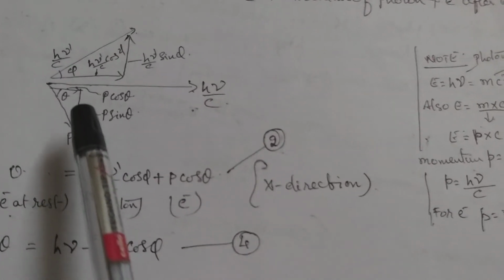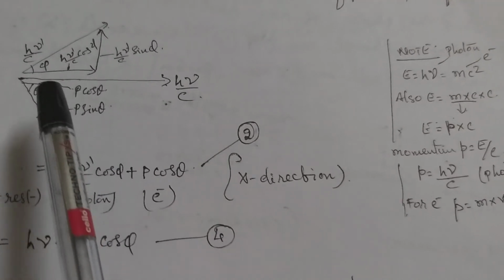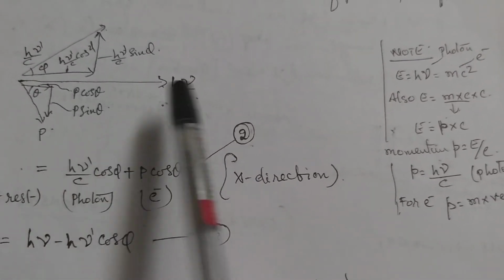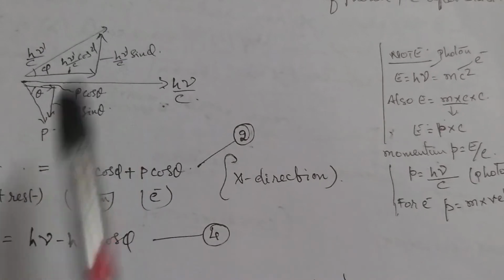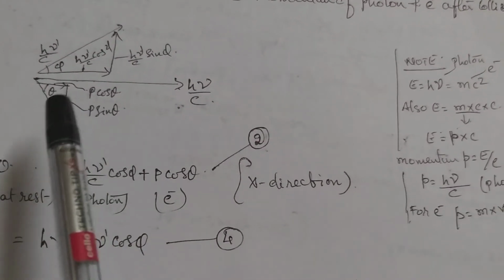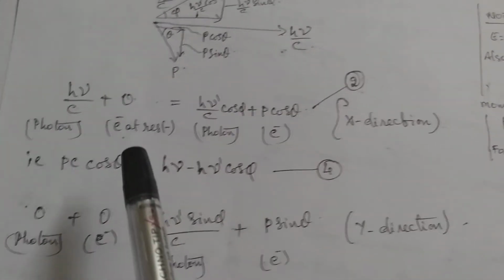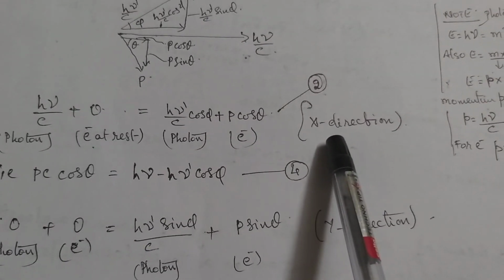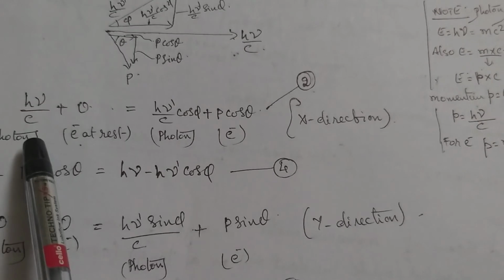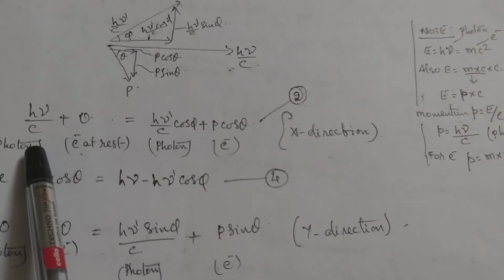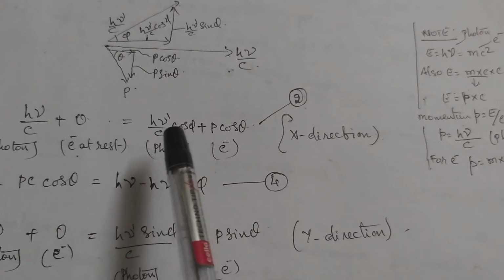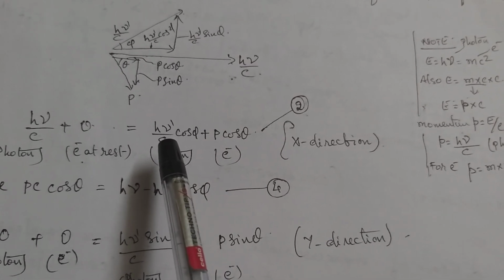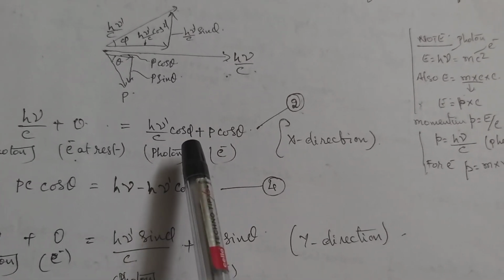Again, if you look at the vector diagram, we have resolved the momentum into x direction and y direction. Then we will take first the x direction and get an equation. h nu by c, which is the momentum of photon before collision, and after collision it is h nu dashed by c cos phi.